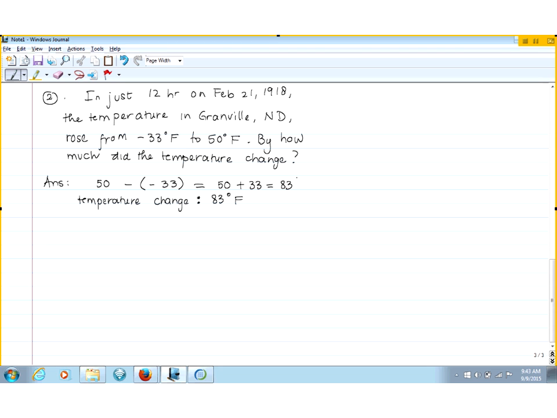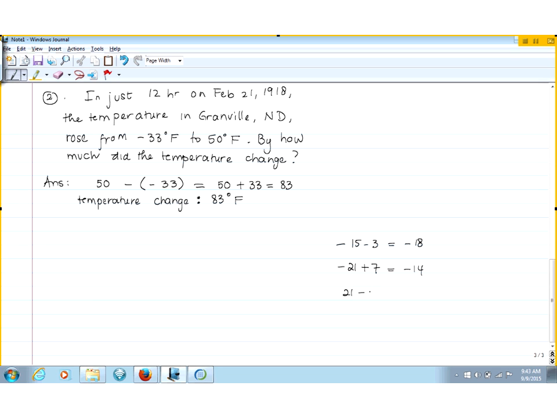We're done with 1.6. So what did we do in 1.6? Simple stuff, subtraction. What do you do if you have subtraction? You change it to addition with the opposite, if you want to. But if it's easy for you, if you could say, what is negative 15 minus 3? Negative 18. So you have to do it fast. What is negative 21 plus 7? Negative 14.